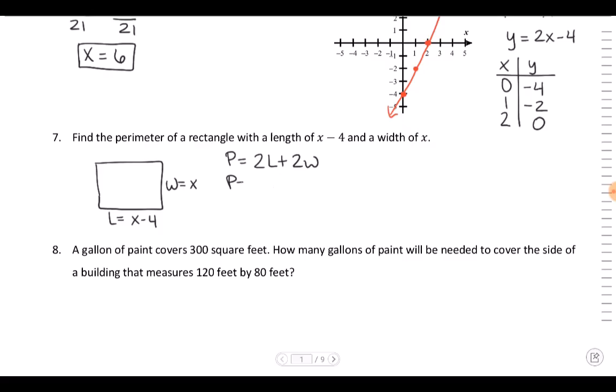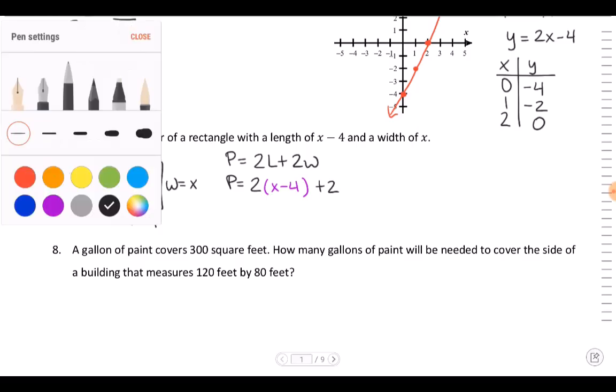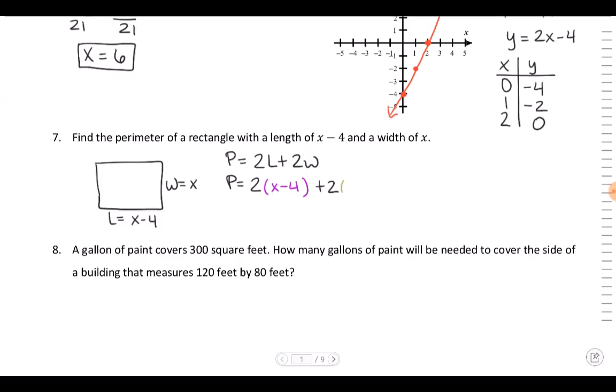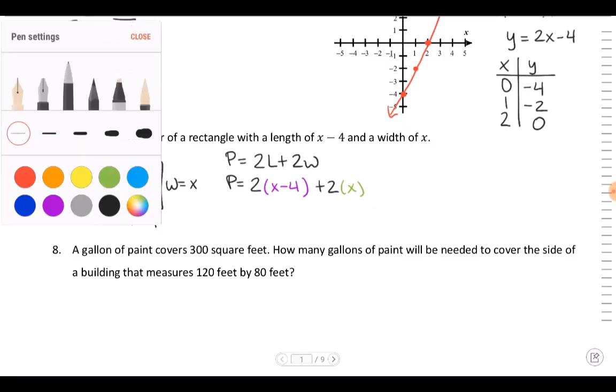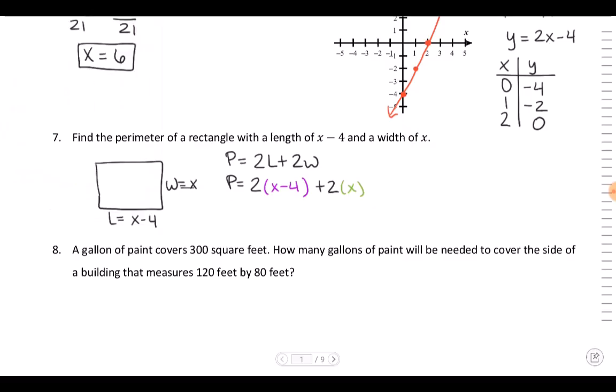And we will go ahead and substitute in x minus 4 for L, and then for my W, I will substitute in x. Okay, so that's what we have over here.